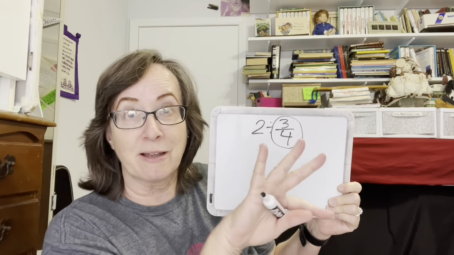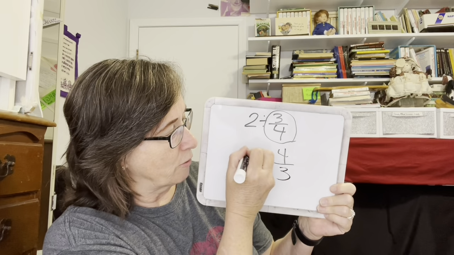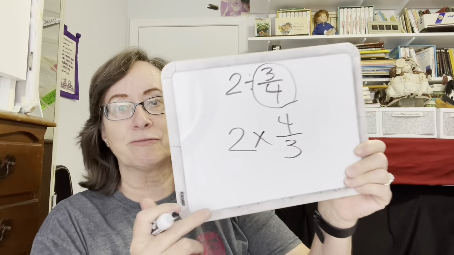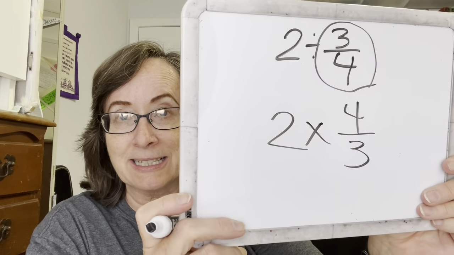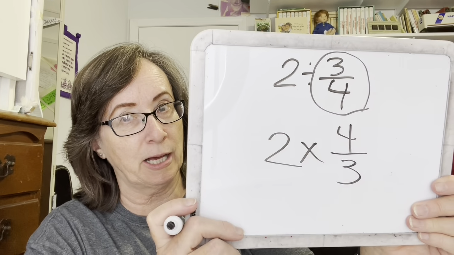So 3/4 flipped over is 4/3. So 2 times 4/3 is exactly the same thing as 2 divided by 3/4. Well, 2 times 4/3, we need a little help with that.